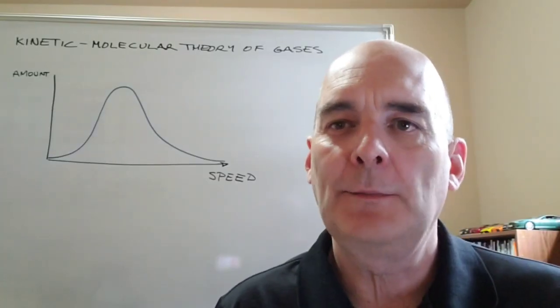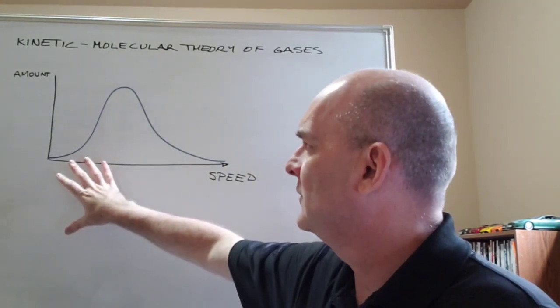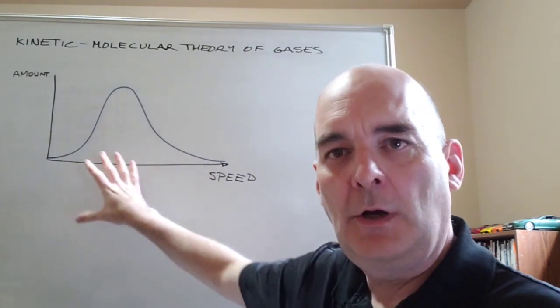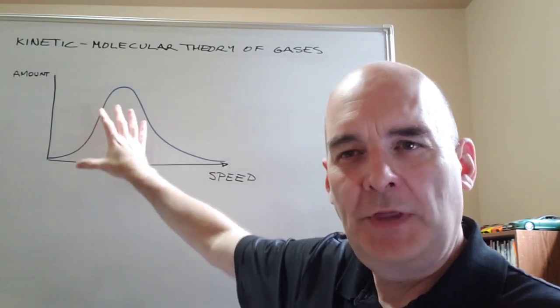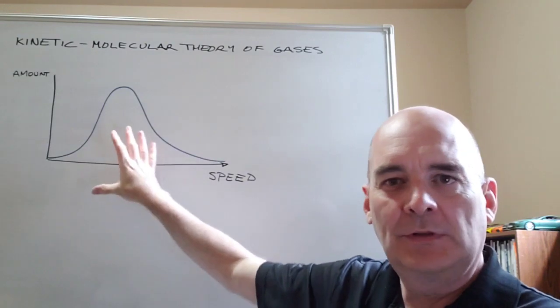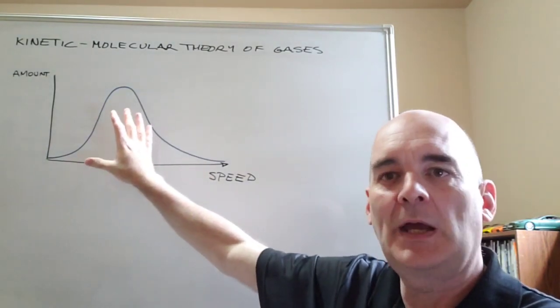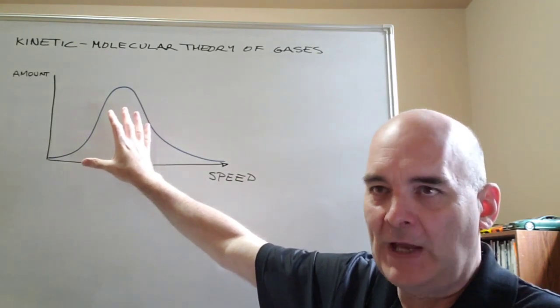The kinetic molecular theory of gases models the population of a gas this way. It's going to say that we've got thousands, maybe hundreds of millions of gas particles inside even the smallest sample.